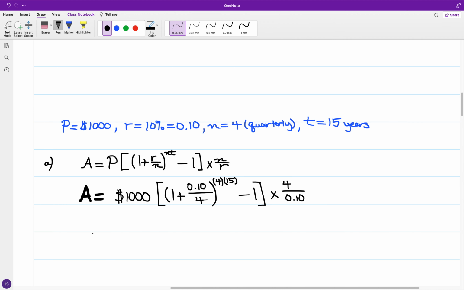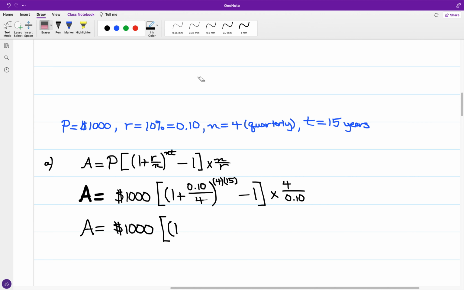We have 0.10. After substituting, we have the contribution amount of $1,000, and within the brackets, 1 plus R over N with the numbers, so you have 1 plus 0.025.